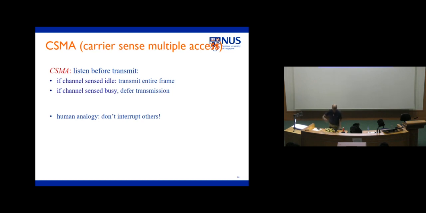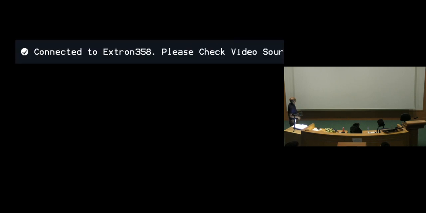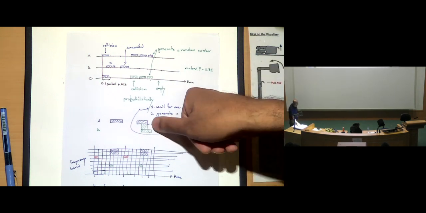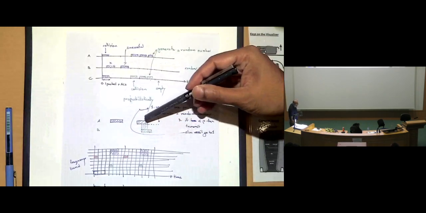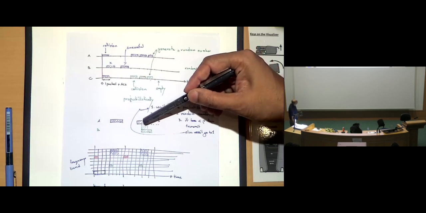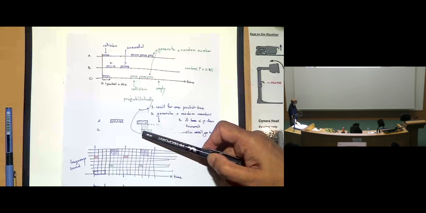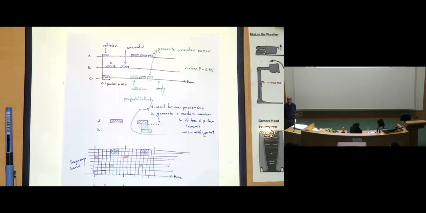Right? If you go back to my Aloha thing here, A was transmitting. So if you look here, A was transmitting. The blue packet was being transmitted, and then the green node B got a packet at some point, and it immediately started transmitting.